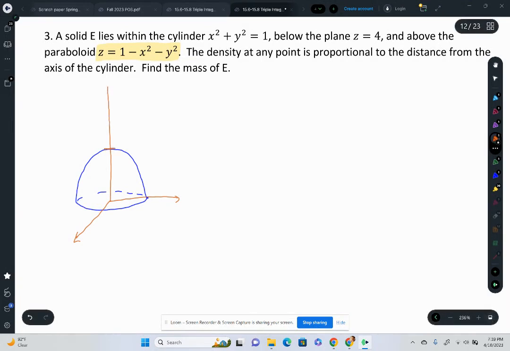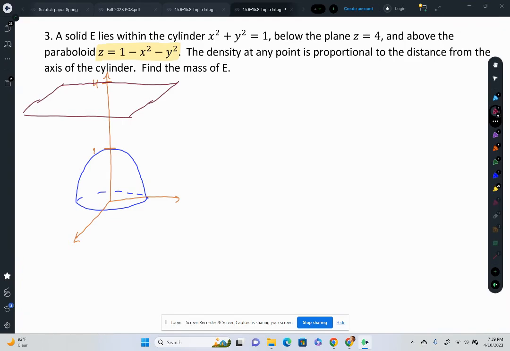If this is 1, let's call this up here 4. Okay, so up here we've got a plane. There's my plane cutting through z equals 4. That's 2 of the things, z equals 4 and z equals 1 minus x squared minus y squared.